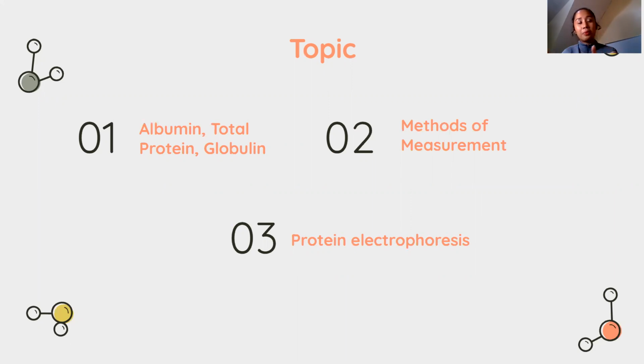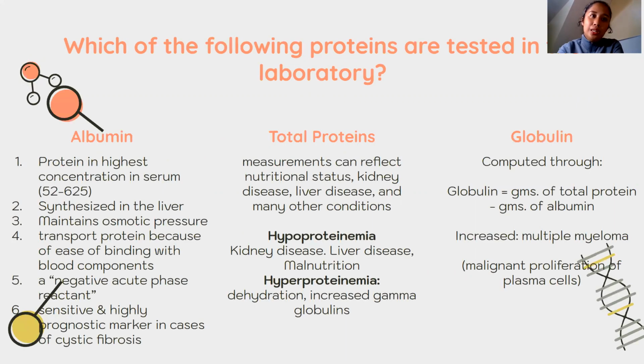I'll focus on the methodologies on how protein is measured in the laboratory and on protein electrophoresis. It's not really different from your lecture, but the focus is different, so that your knowledge is more well-rounded.